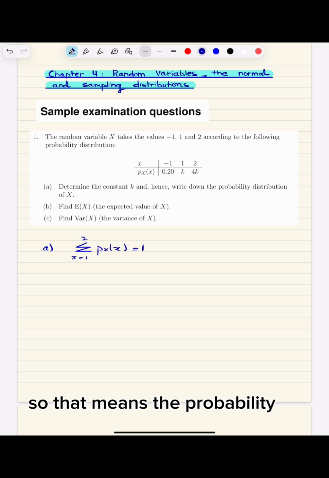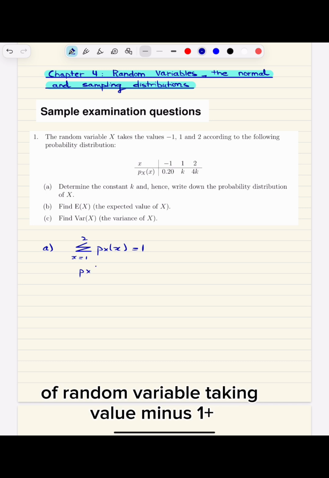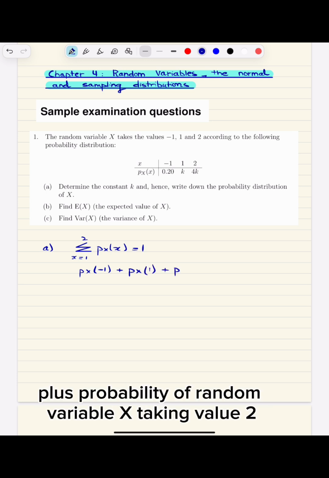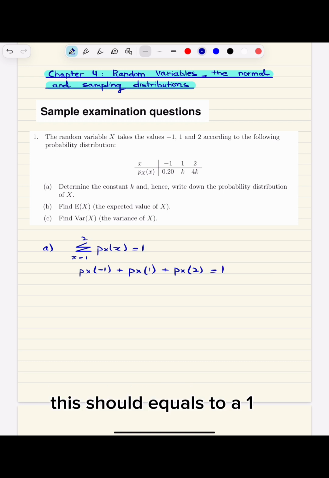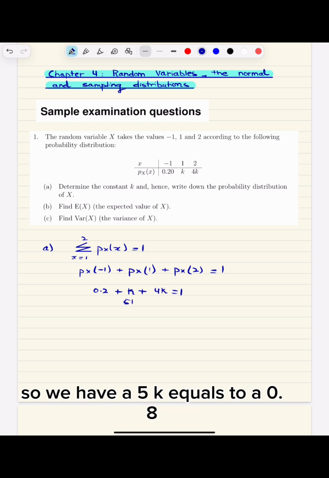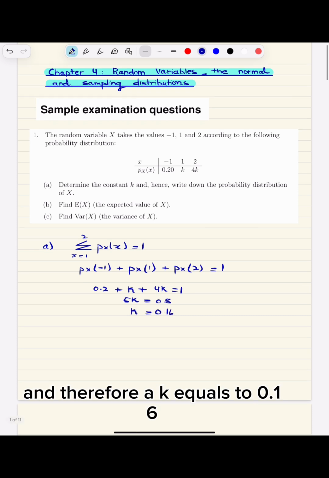That means the probability of random variable x taking value -1 plus the probability of x taking value 1 plus the probability of x taking value 2 should equal 1. So 0.4 plus k plus 4k should equal 1. So we have 5k equals 0.8, and therefore k equals 0.16.